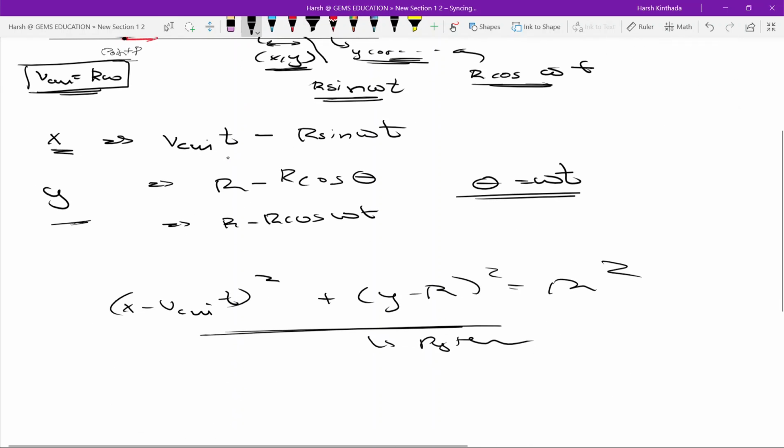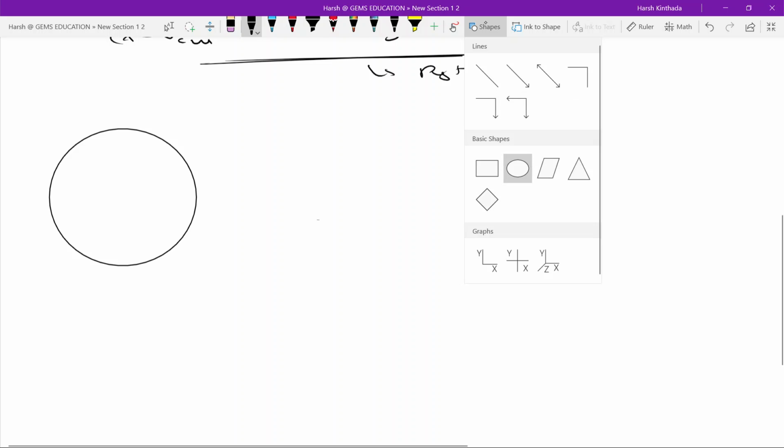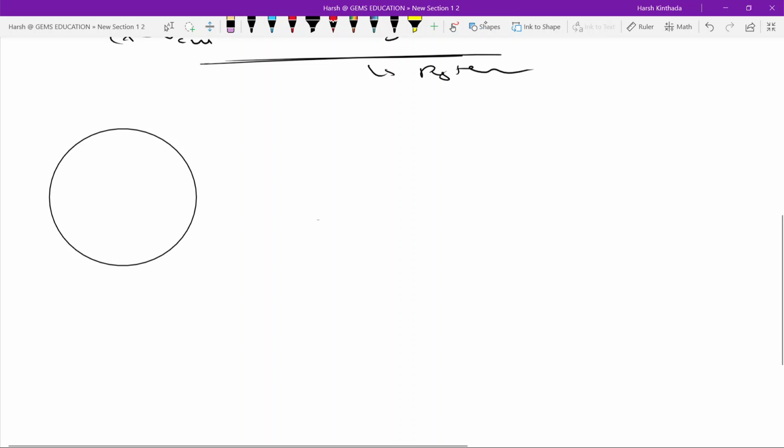Now, if we are asked to find, for example, the distance traveled by P, what we could do is take a circle over here and represent it like this.